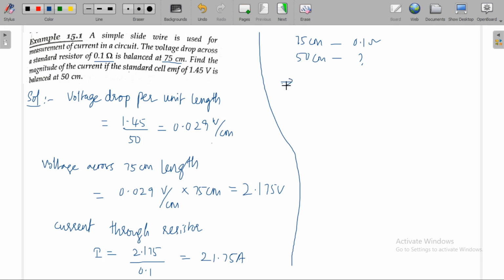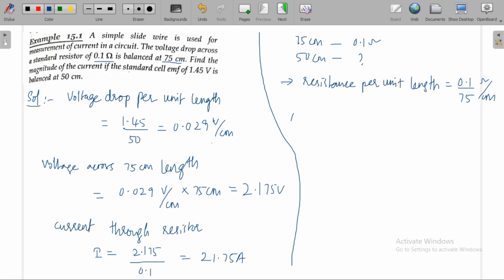First you find resistance per unit length. Resistance per unit length is equal to 0.1 by 75 ohms per centimeter.